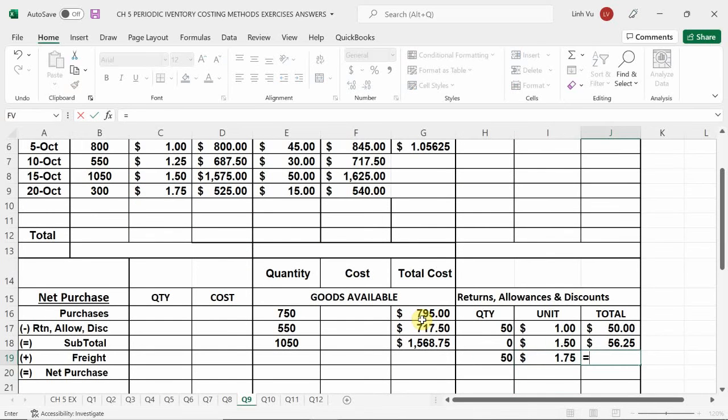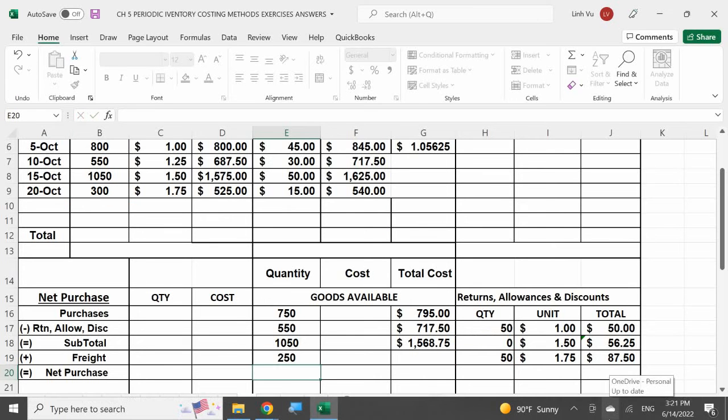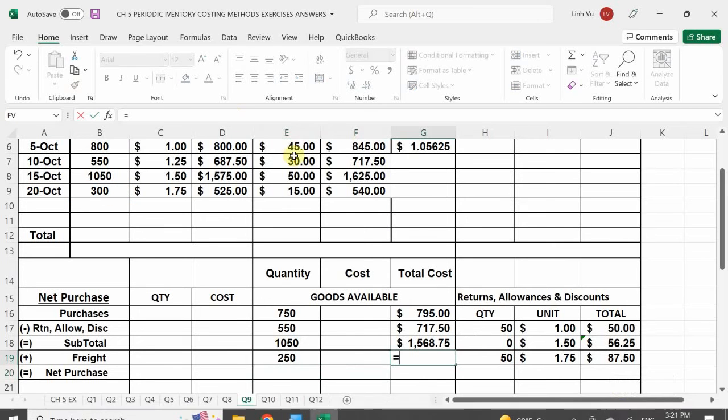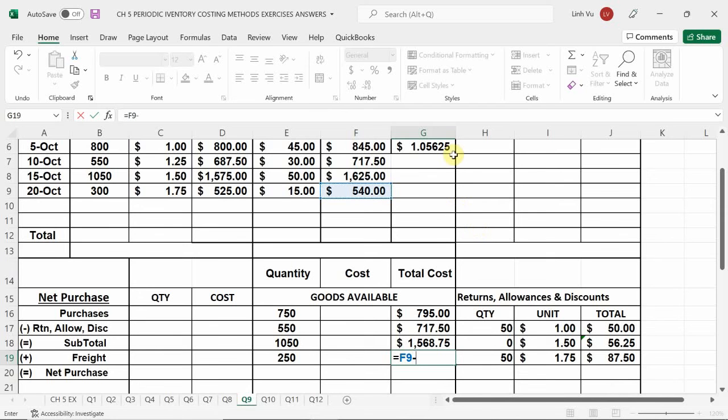Okay, so my full refund is going to be $87.50. So in this case, my 300, I end up returning 50 of those items, so I only have 250. My original total was 540, but I end up getting a refund for that $87.50. So now I'm at $452.50.